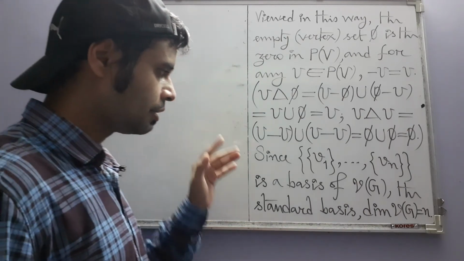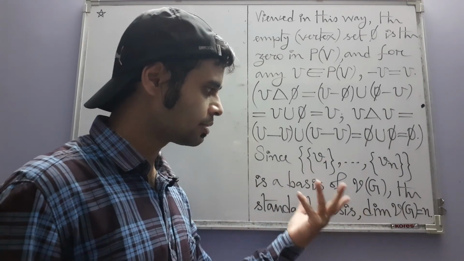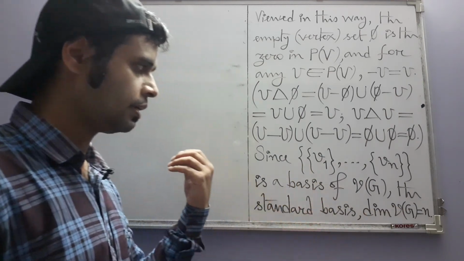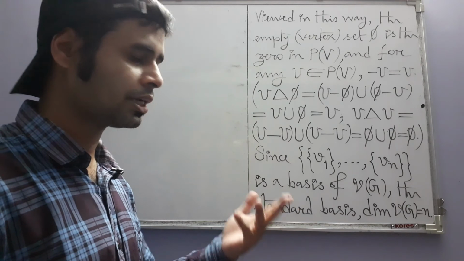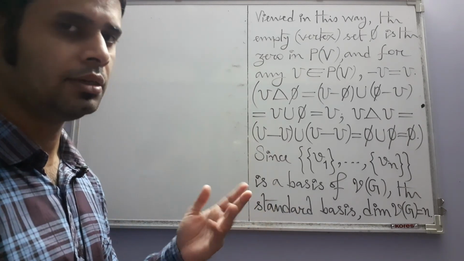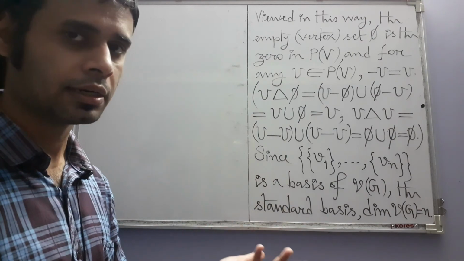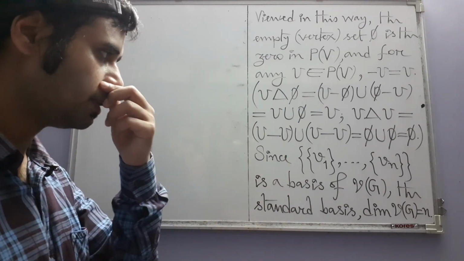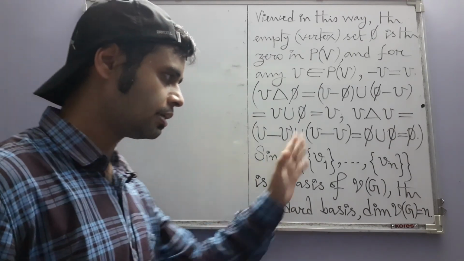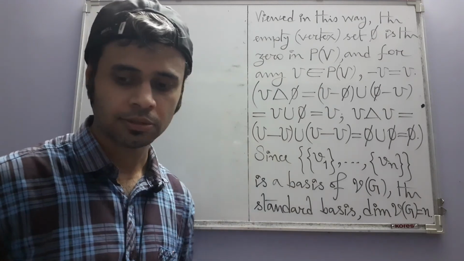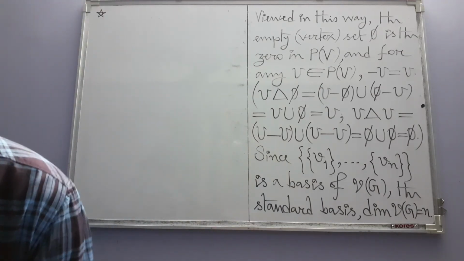Now, exactly how this is true and in what sense we can make sense of all these things, that we will see in the next graph theory video. I do not want to extend it anymore. I think it has already been quite long.